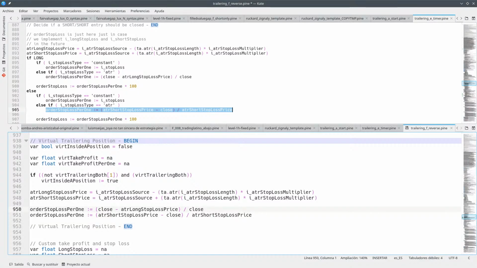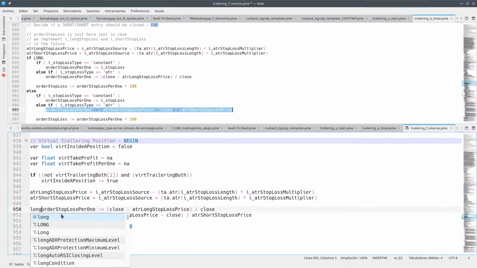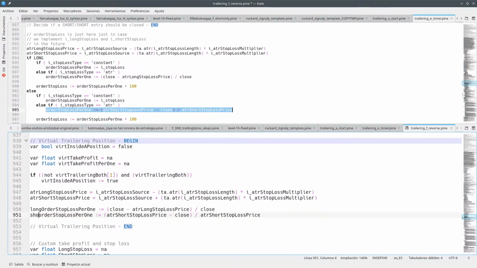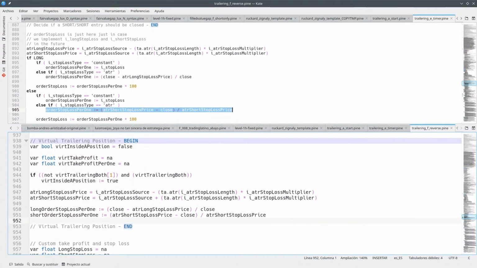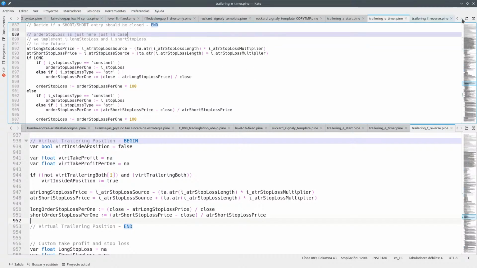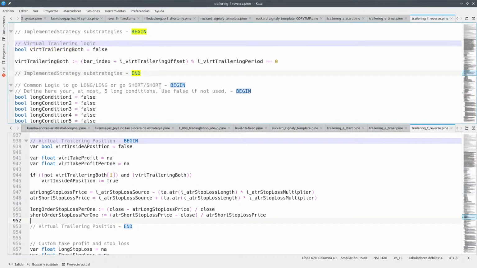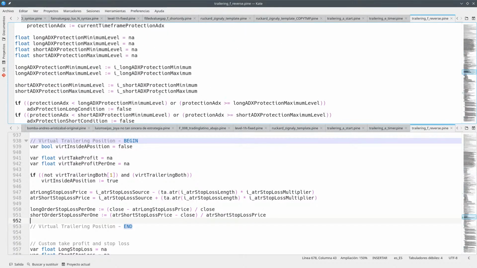So this is the long one and this is the short one. We want both of them. But before doing that, we are going back. We're going back to our current file.